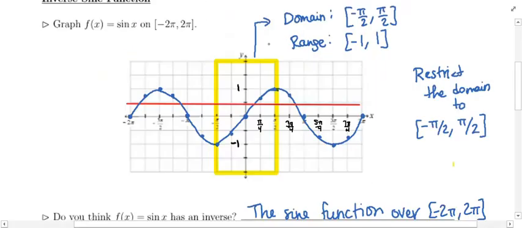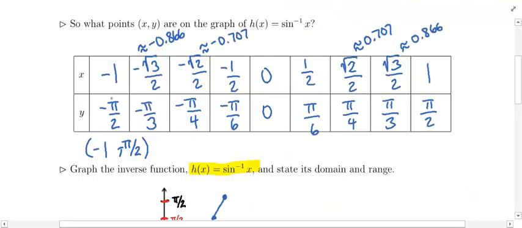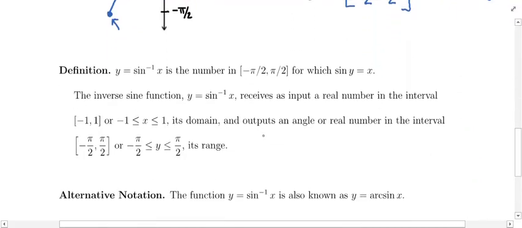Basically all that is saying is that the inverse function is very much opposite what we're used to. When you look at just the sine function, you plug in an angle and your output is a number. With the inverse function, your input is a number and your output is an angle. So make sure you remember that. I'll even write it down right here.